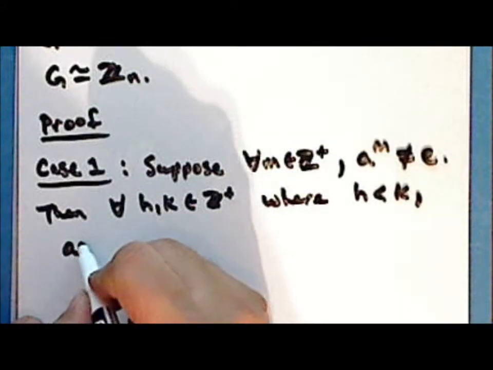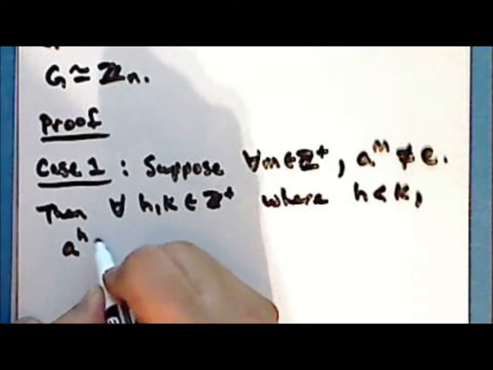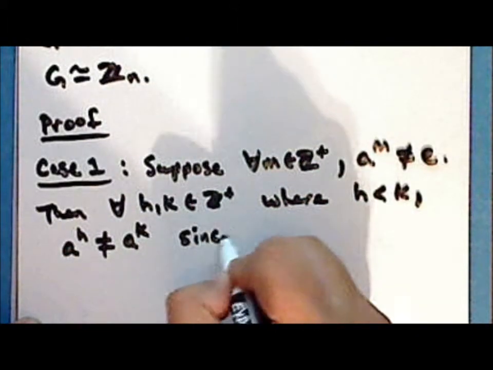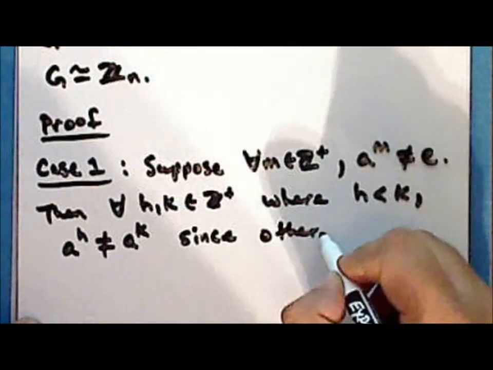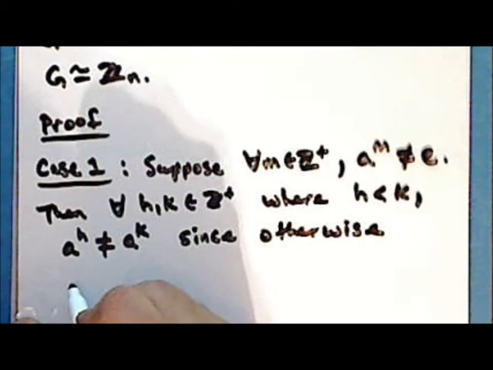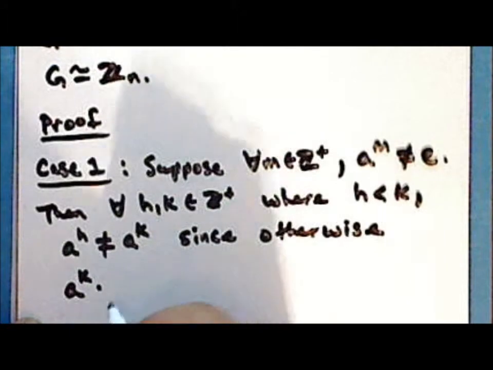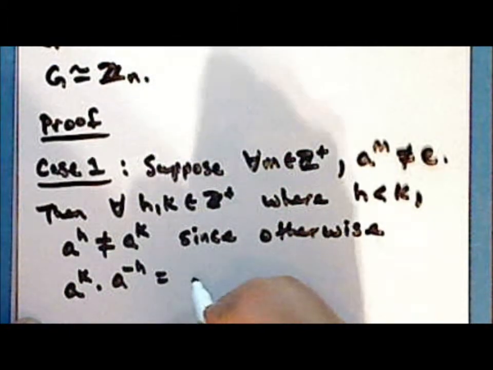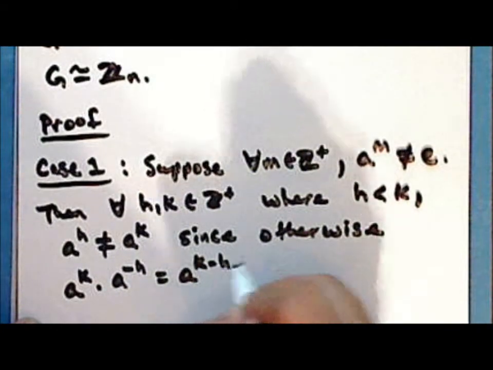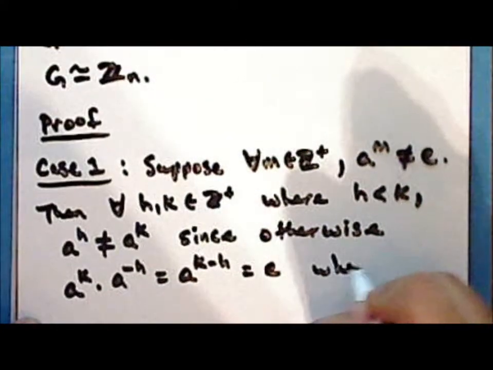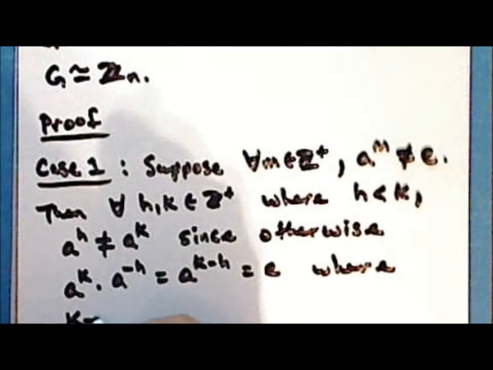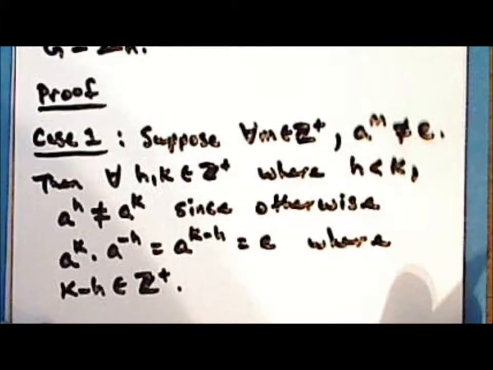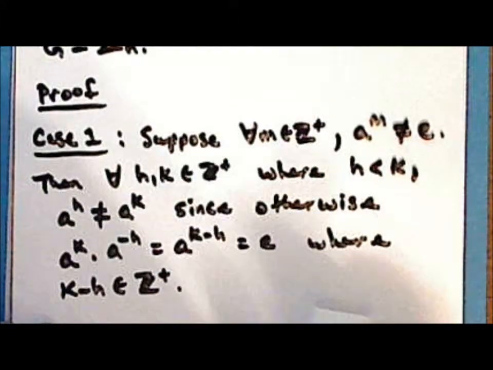We have that a to the power of h is not equal to a to the power of k, since otherwise we have that a to the power of k times the inverse of a to the power of h, which is a to the power of negative h, which is a to the power of k minus h, is the identity, where k minus h is a positive integer. And so this contradicts the condition for this case.